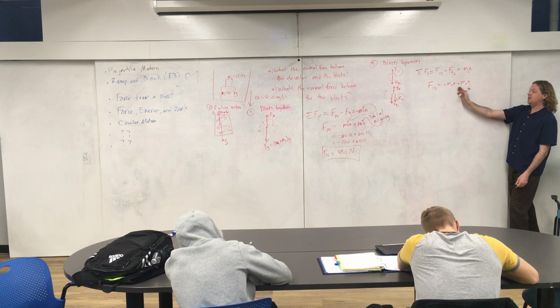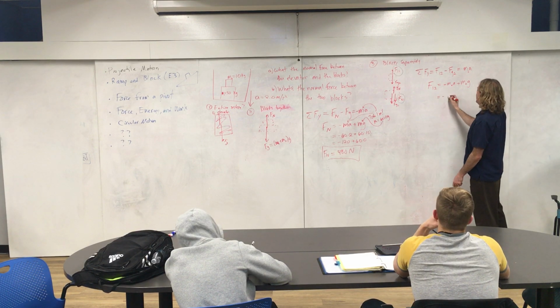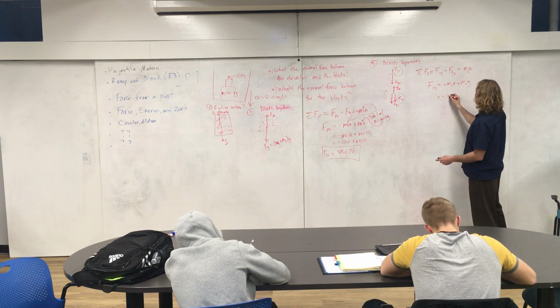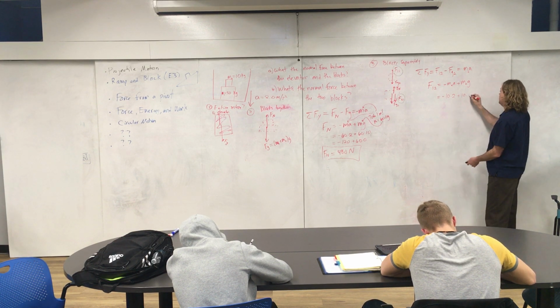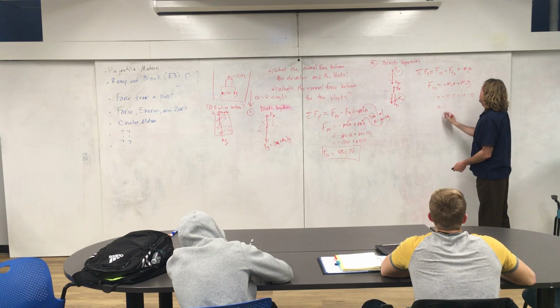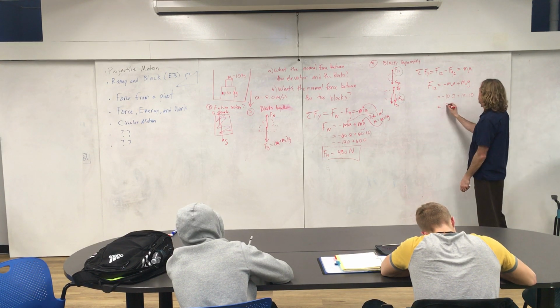So this is not M1 plus M2, this is all M2. So I can estimate that: M2 is 10, times 2, plus 10 times 10 for the gravitational force. So that's 20 plus 100, which is 120.